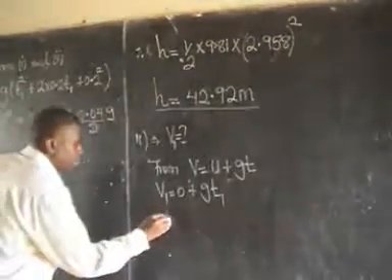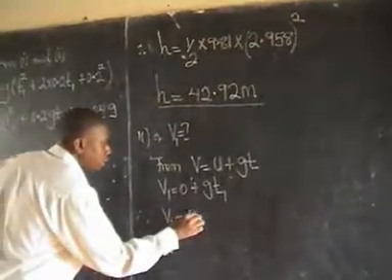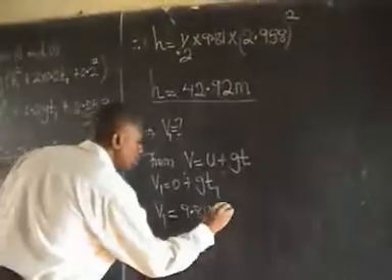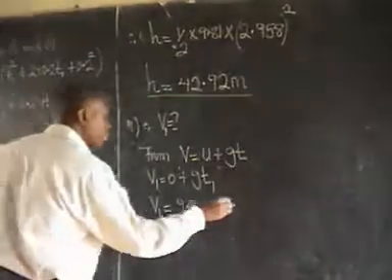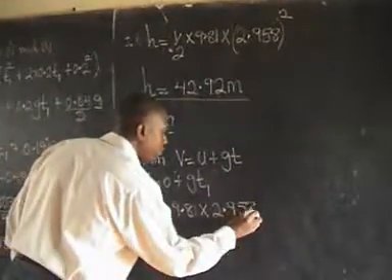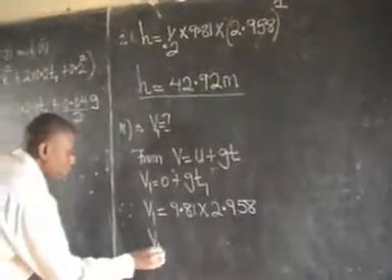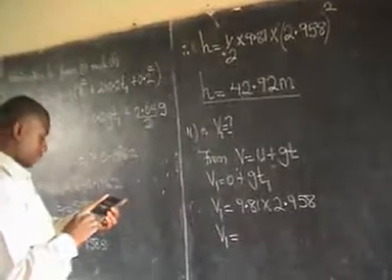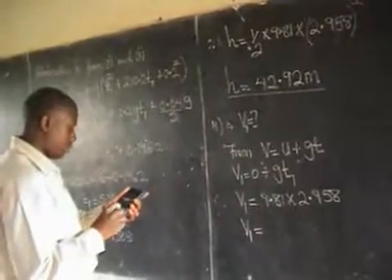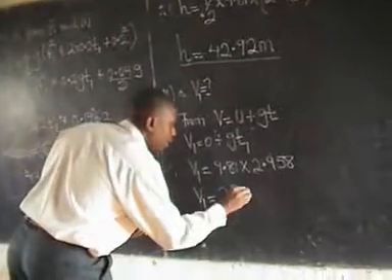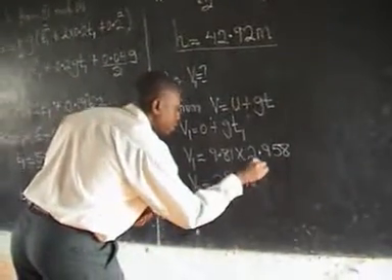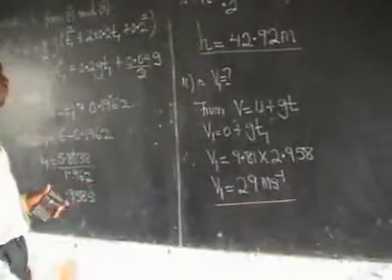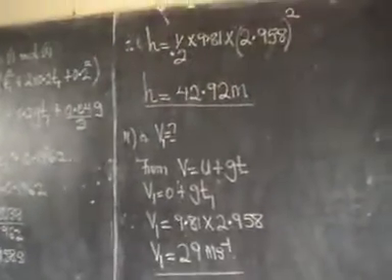So in this case, V1 will equal 9.81 times T1, which is 2.958. So V1 will equal 29 meters per second.